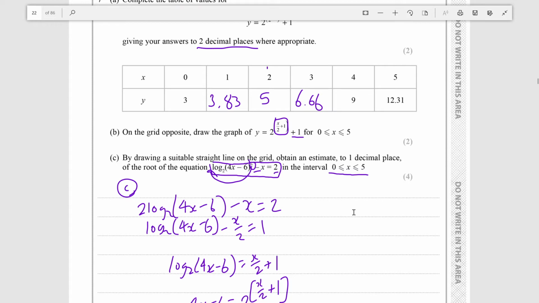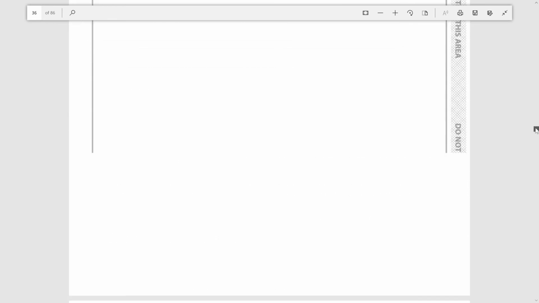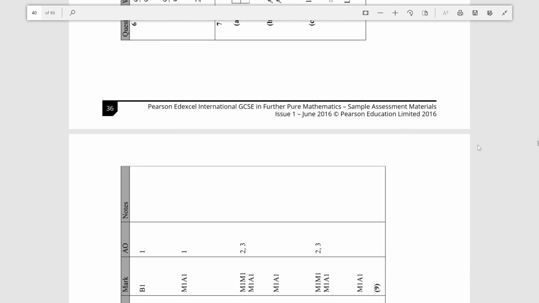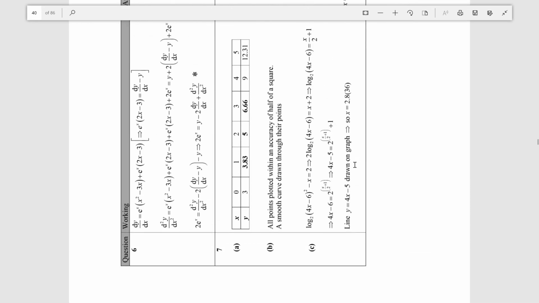Alright, so let's check the mark scheme to see if our methodology was correct. I have no doubts that our answer was probably wildly off because of the inaccuracy of my hardware, but we can still see if the method you use to try it would be correct. So, question 7.